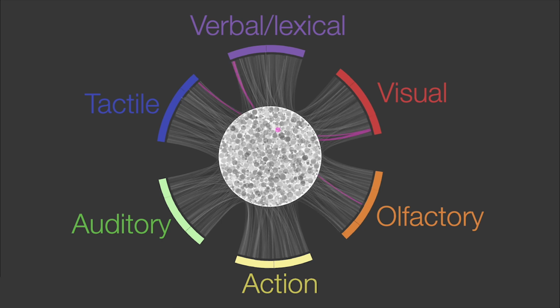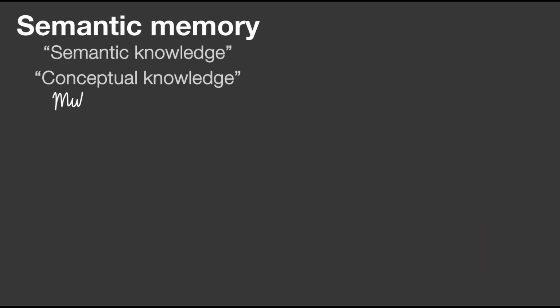So for example, as we said, pancake might actually have its own entry in here without a particular modality, but it links to those modalities. This is an important point that we're going to add to our summary. Semantic memory is multimodal, not just verbal.